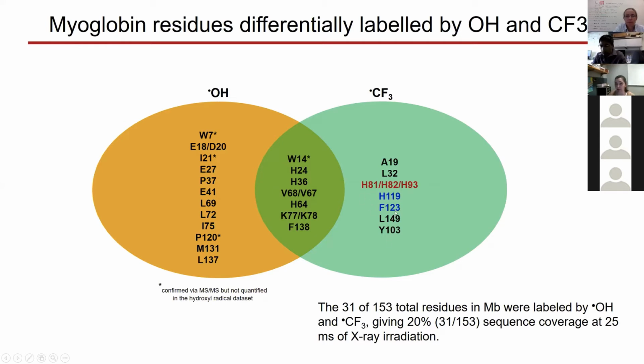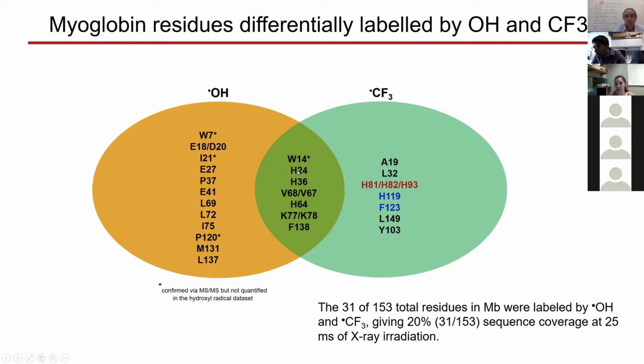With CF3 chemistry, we were able to nicely detect these residues and have information on this peptide, which otherwise would be lost completely to us. Also the other residues I show here in red, those 3 histidines, are located in an important helix that binds heme, and it was completely absent in the hydroxy radical experiment. We just didn't label the histidines very well, or we cannot detect them.